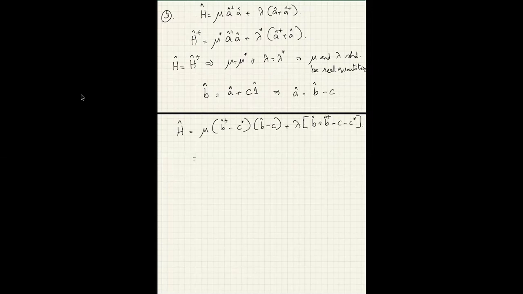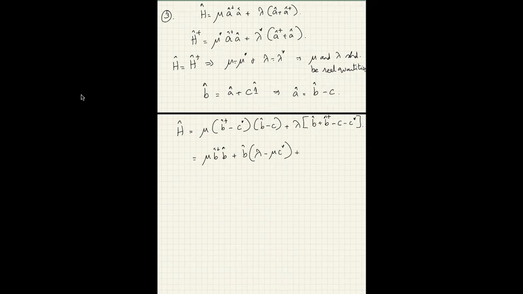So I can write this as mu times B dagger B. Now I'll collect the terms linear in B: B times lambda, and another factor from the first term, which is minus mu C star.